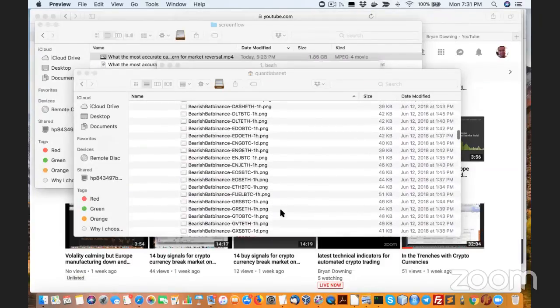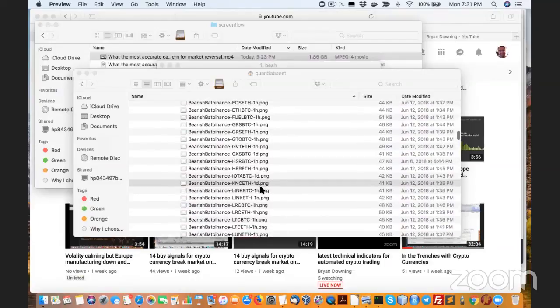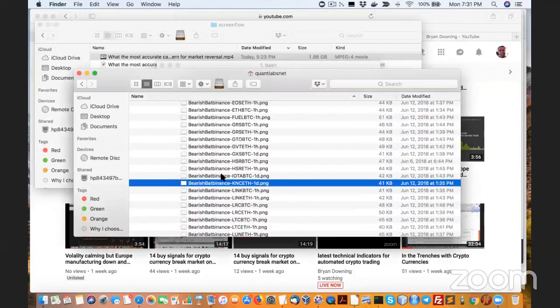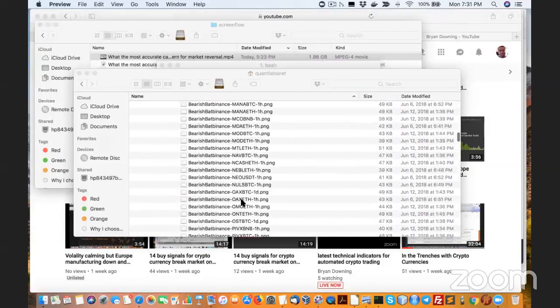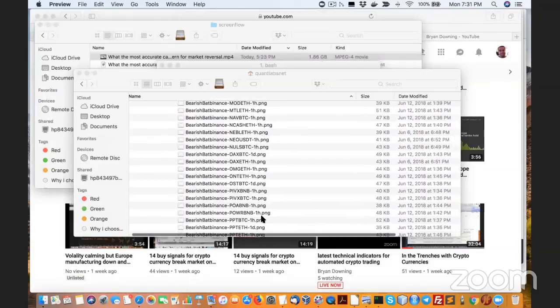So I'll continue just to show you some other bearish, so we have here another bearish bat. So there's 4 types of harmonic patterns. There is bats, butterflies, Gartleys, and ABCs. So these really help to determine the patterns. Harmonic patterns are really useful.